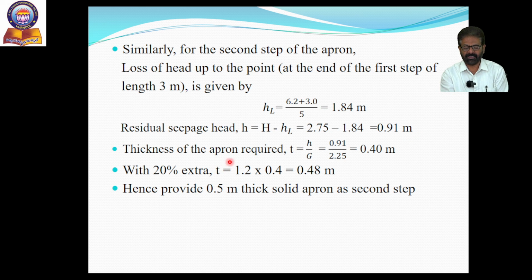Accordingly, the thickness of the apron required is T equal to H by G, which is equal to 0.91 by 2.25 meters. So therefore, it is around 0.4 meters. Here also, with 20% extra for factor of safety, we will get its thickness as 0.48 meters. Therefore, provide 0.5 meter, that is half meter thick solid apron as the second step.